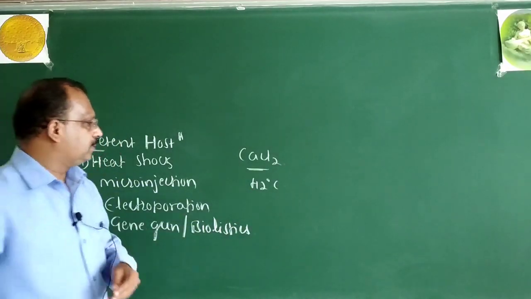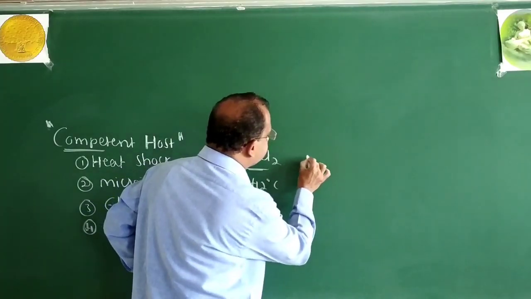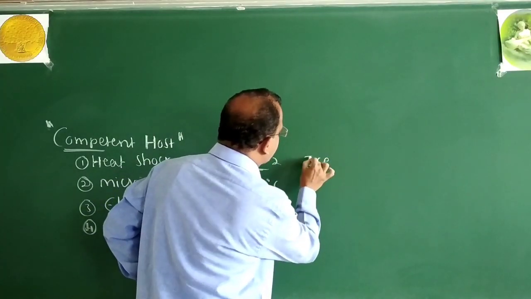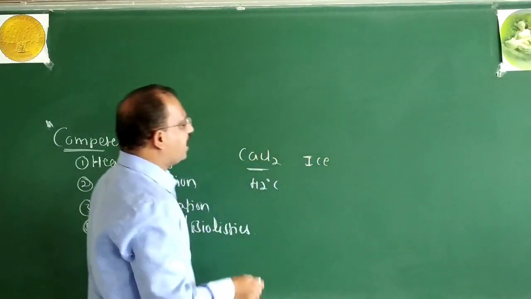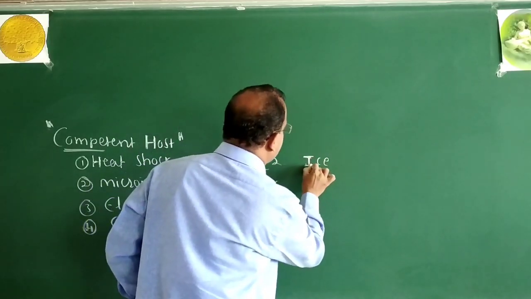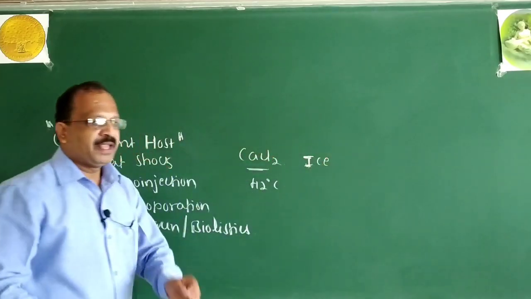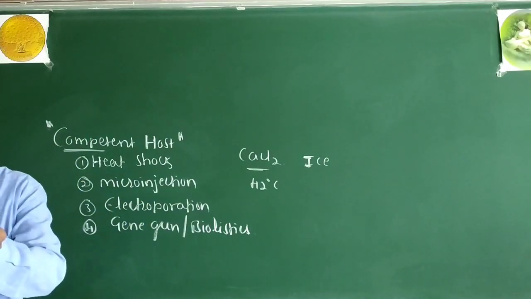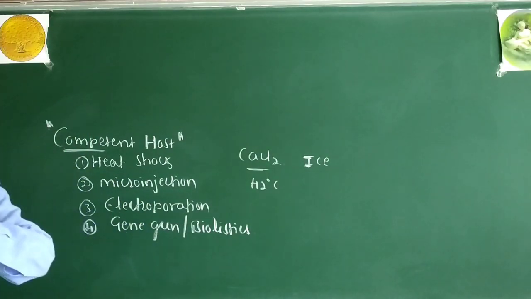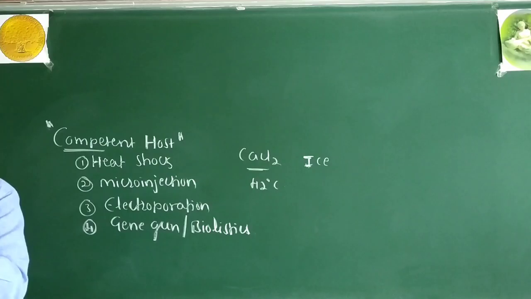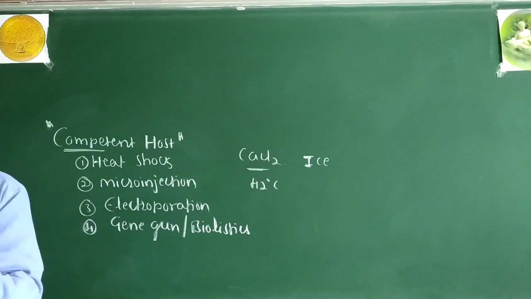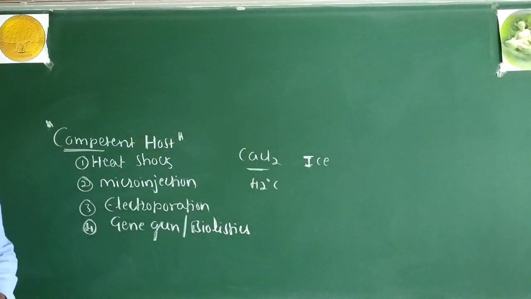Followed by that, once again the cell is placed in ice. This destabilizes the plasma membrane and helps in making pores. That helps the cells to take up recombinant DNA.